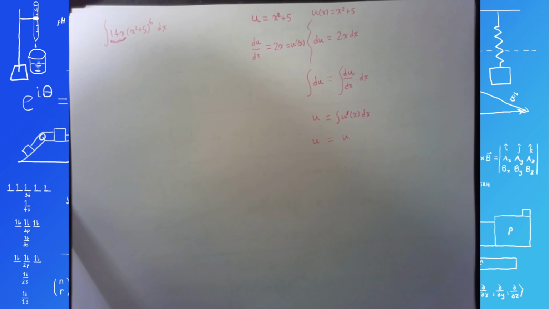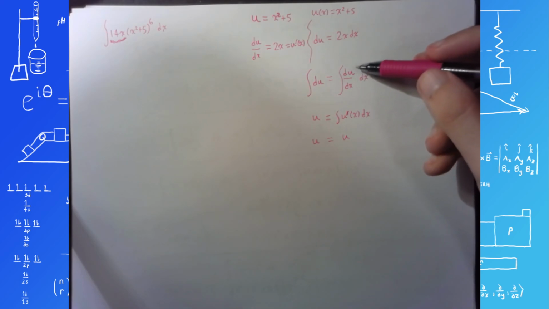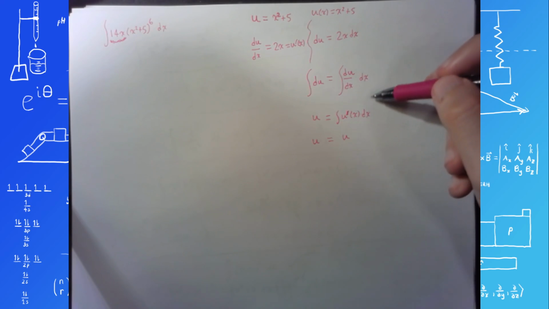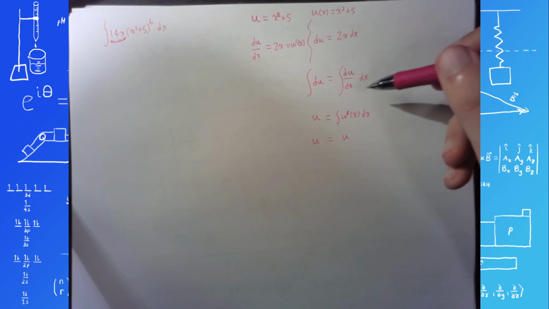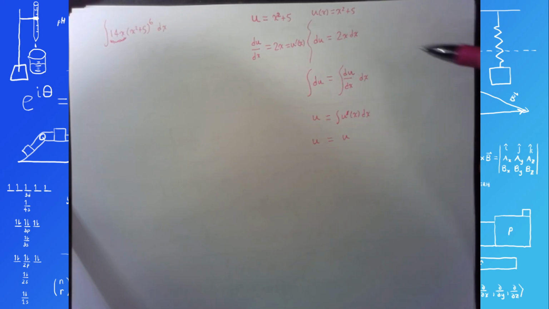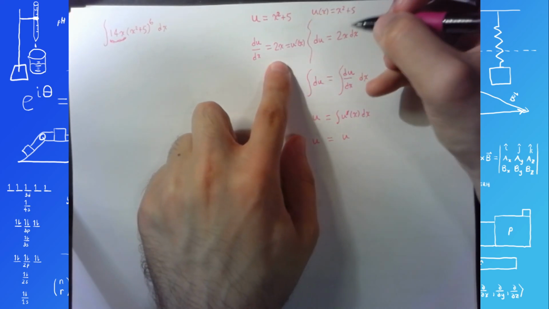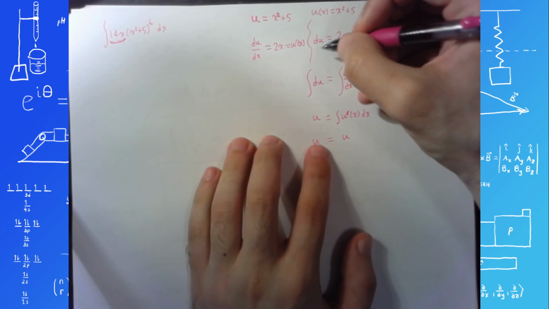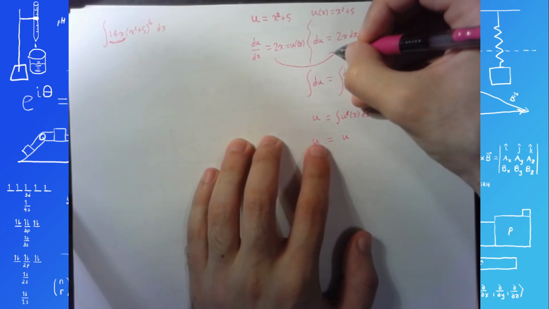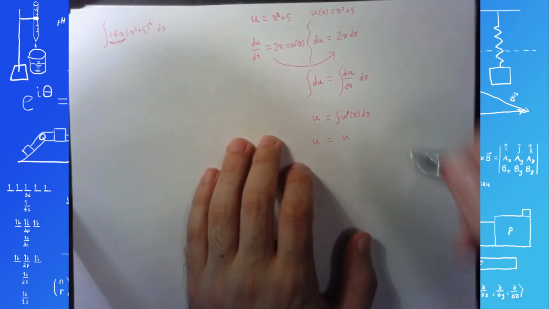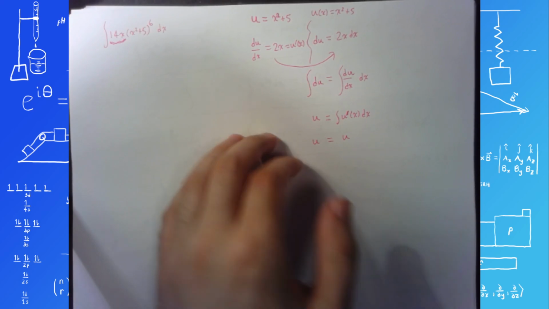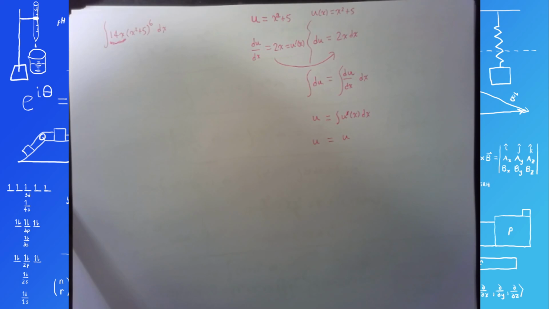The plus c might throw a wrench in things, but I think what I have here should be sufficient to show you that this step, jumping from du dx equals 2x to du equals 2x dx, is okay. I think I've given you enough to be comfortable with this idea.